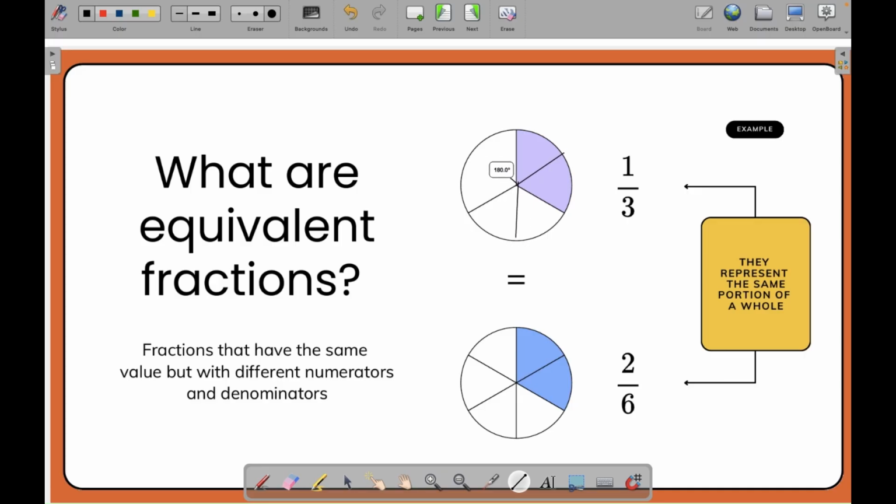The fraction changed because the number of equal parts changed. It is 6 equal parts, and now instead of 1 part that was shaded, we have 2 parts shaded. So 2 out of 6 parts are shaded, but they both mean the same thing. They both represent the same amount. That is why they are known as equivalent fractions.